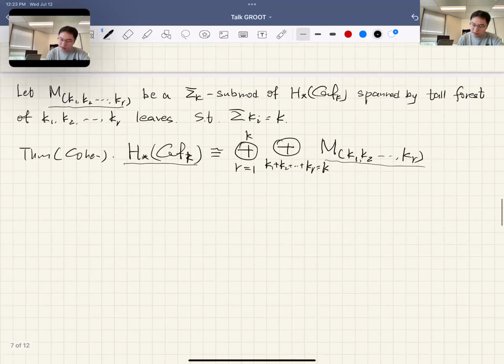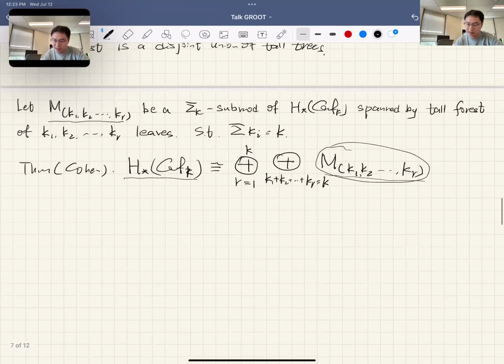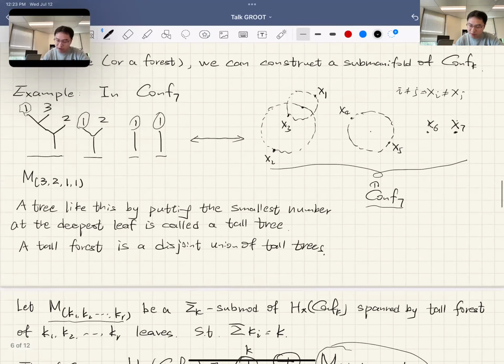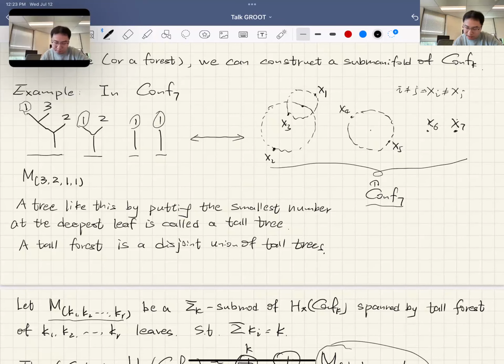Okay. So then you are saying, in order to study this, you somehow create something that seems not too easy to be analyzed. Is there a way to actually interpret this one more step? Yes. So if we go back to this example here, if I'm observing this diagram here, this is actually in Conf 3, right?